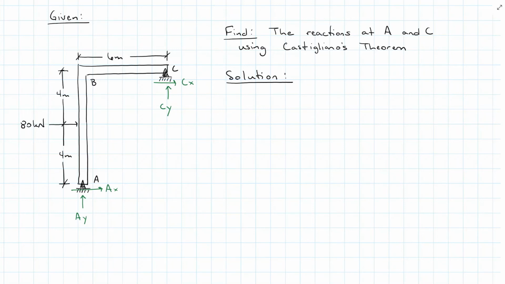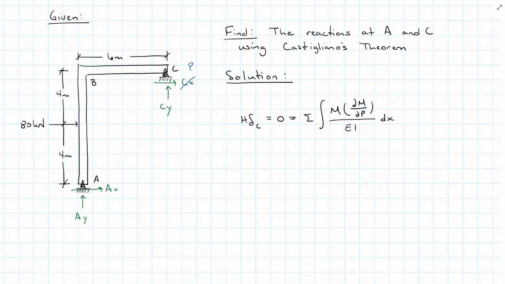Just for kicks, what I'm going to do is replace Cx with my reaction P, which means that the Castigliano's theorem I'm going to use is the horizontal deviation of C is equal to 0. And that's going to equal the sum of the integrals of the moment, the partial moments with respect to P, all over EI dx.